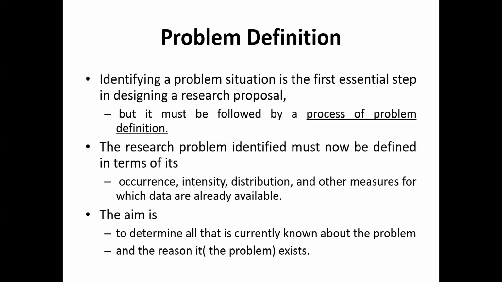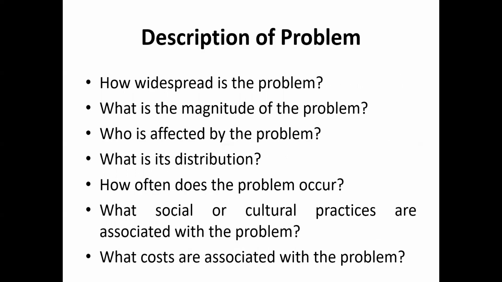How many people do you expect to come per day? Out of those, how many are coming? What proportion is not coming? Of this proportion, are they men? Where are they coming from? You need to describe your problem so that it becomes easy for you to conduct the research.